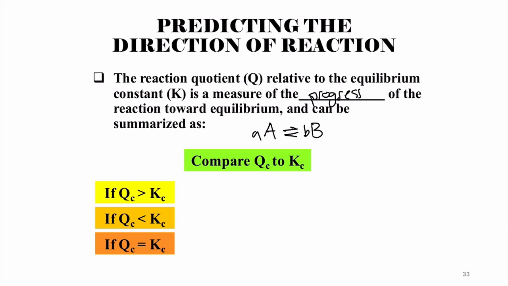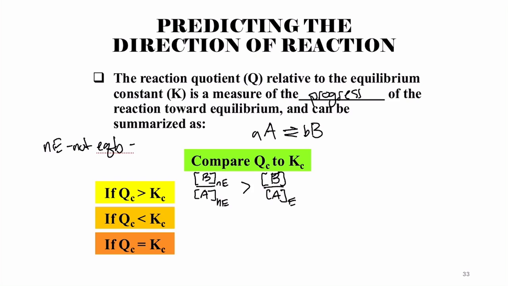That means that B over A, I'll write this a little smaller, B over A, and I'll put NE for not equilibrium, is greater than B over A for equilibrium.